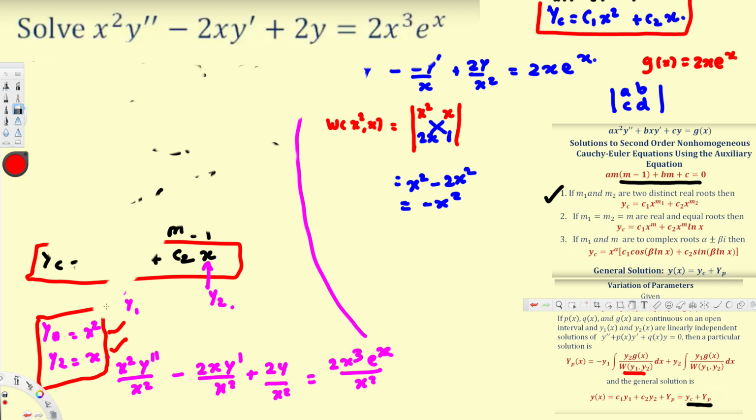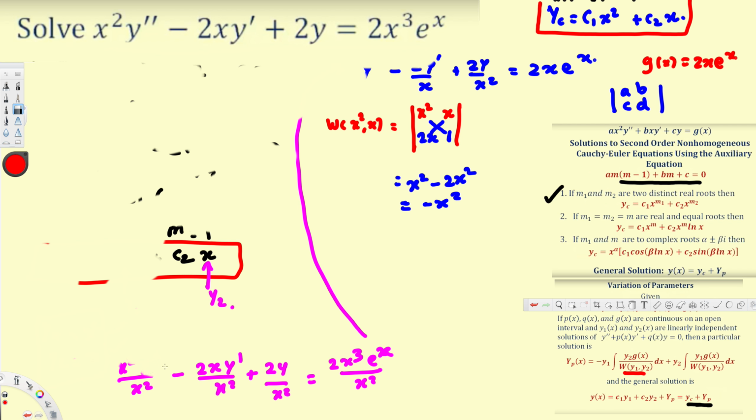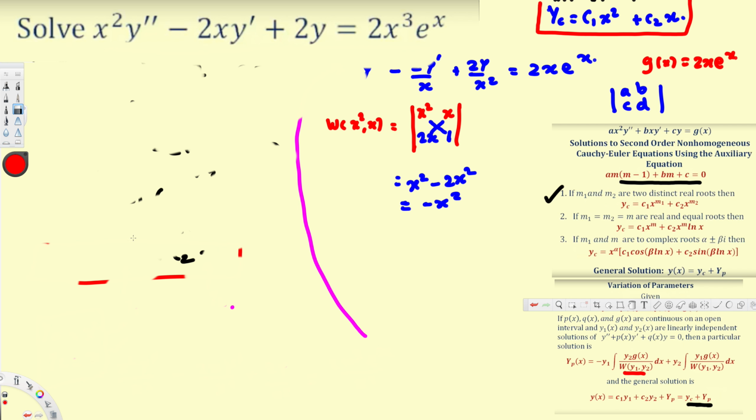Okay, so here I get rid of all of these things, and also we have to know that y1 is x square, y2 is x from this complementary equation. And also we have to know the Wronskian. Now let's note everything we need.